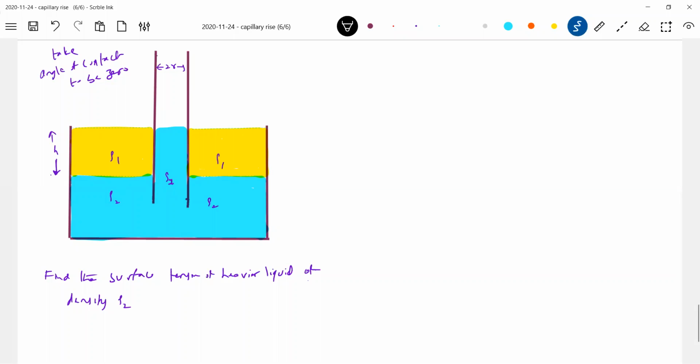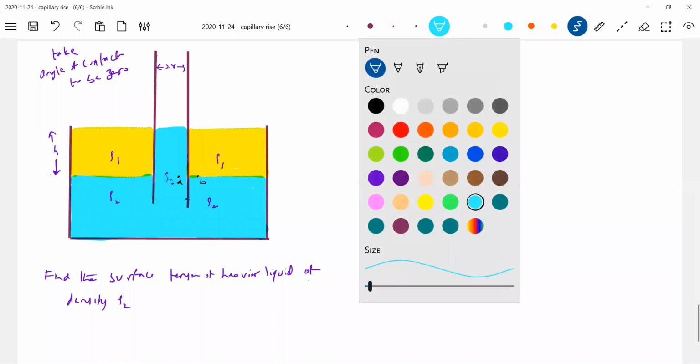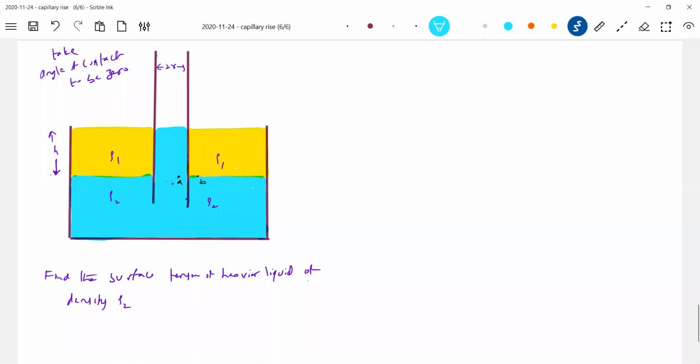I'll take the points A and B. What should be the pressure at A and B, equal or different? It should be equal, no?